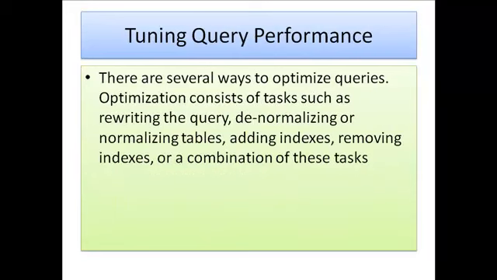Now, how to optimize queries? It is a very important question that every developer should know. Optimization consists of tasks such as rewriting the query, understanding the current business requirements and rewriting the query, so you may get a very quick response. For example, someone may have written the query a certain way based on the business logic, but now the business logic has changed.